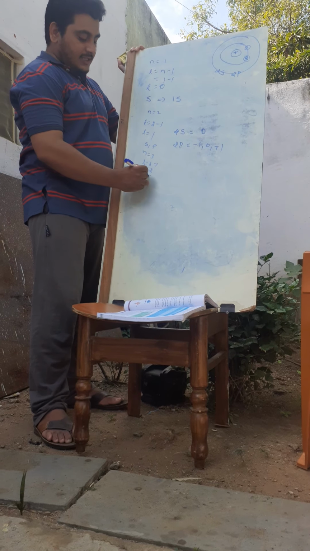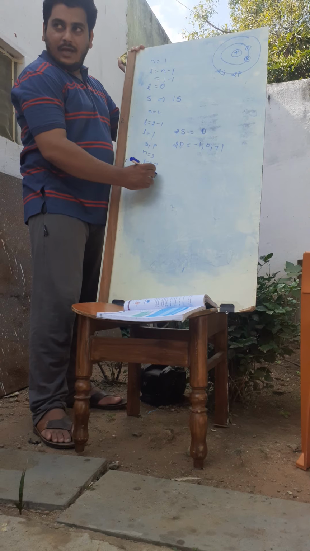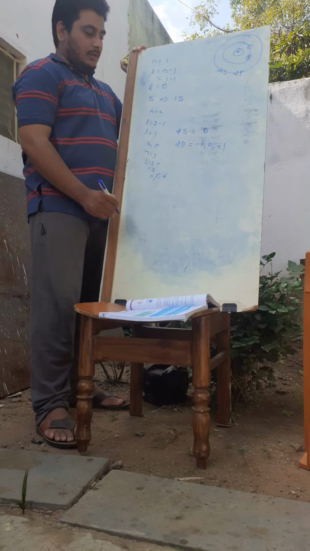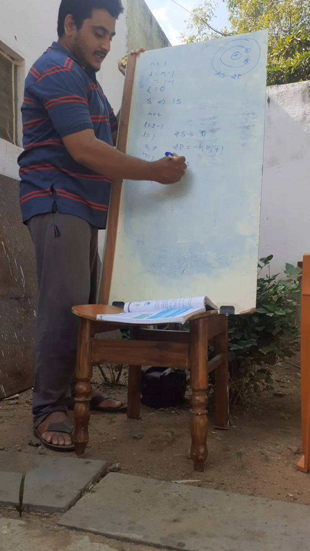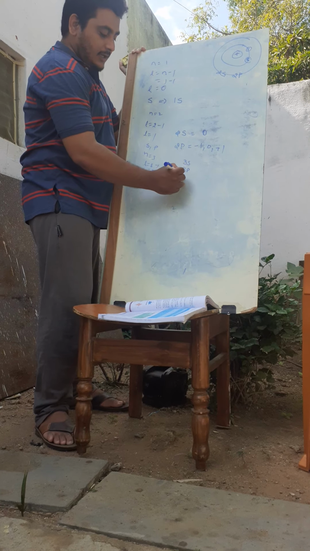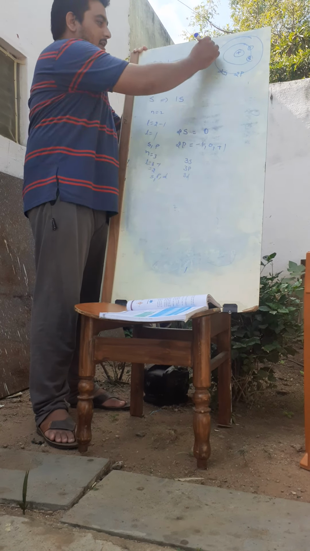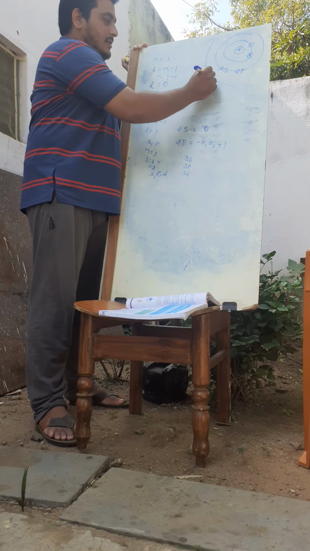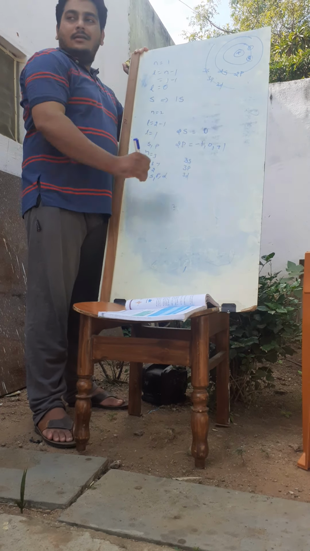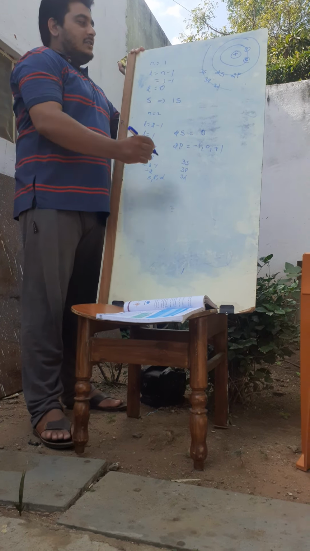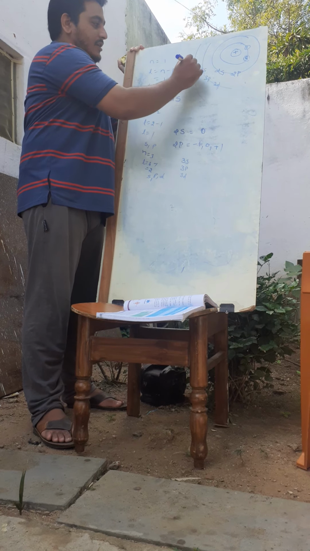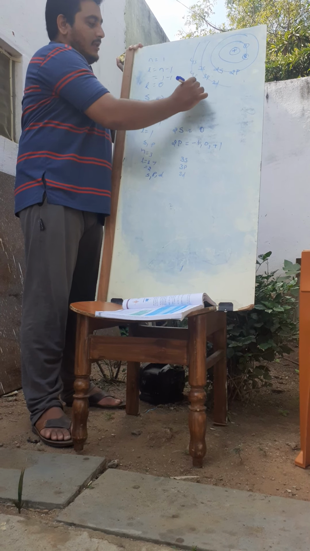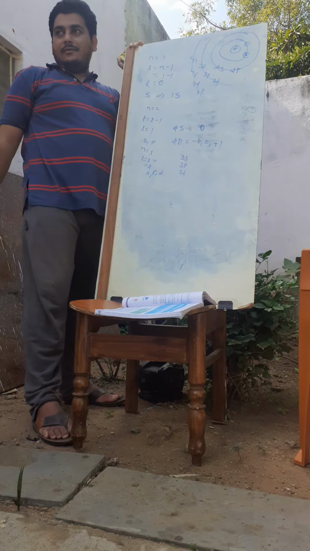When L is equal to 2, it consists of s, p and d orbitals, taken as 3s, 3p and 3d. Next, coming to 4, it will consist of 4s, 4p, 4d, 4f.